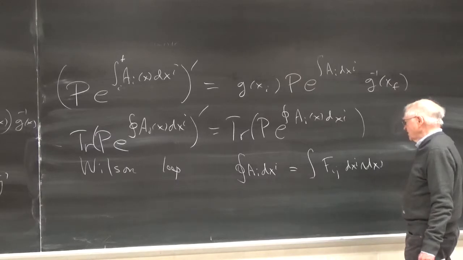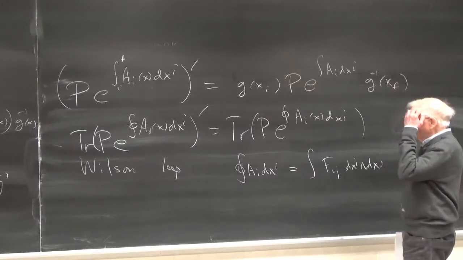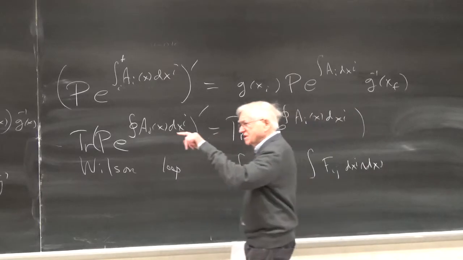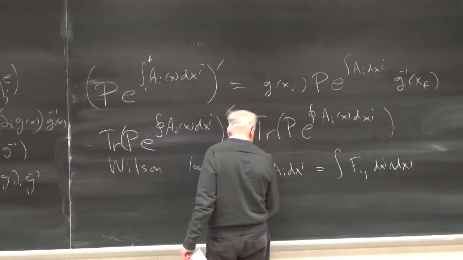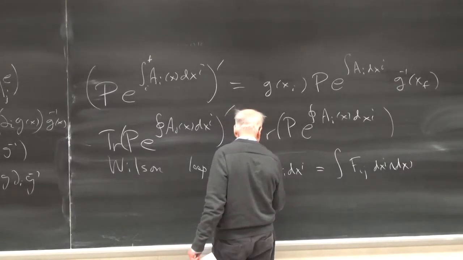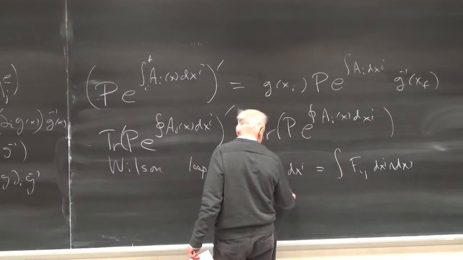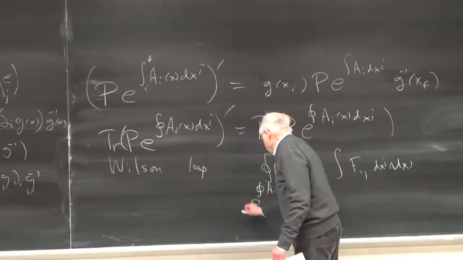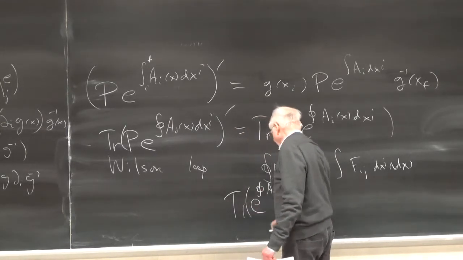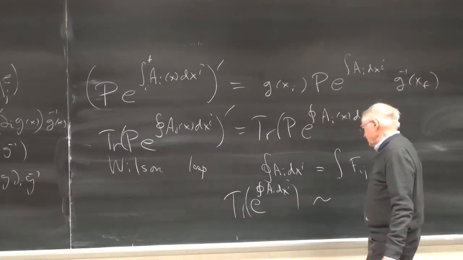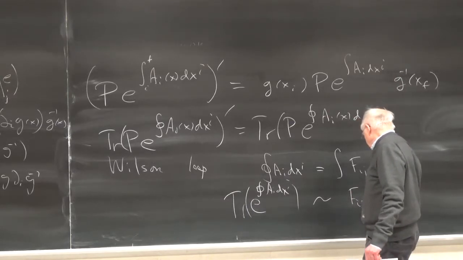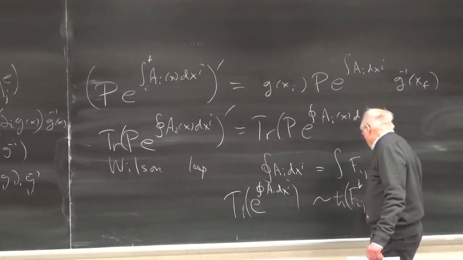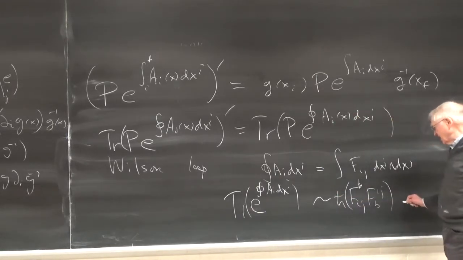And then if you're talking about a group where the generators are traceless, and you consider something like e to an integral of this A_i dx^i, and you take the trace, then this turns out to be proportional to F_{ij} traced. So in other words, this is proportional to the Euclidean action.